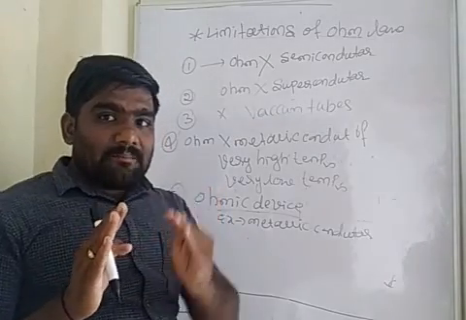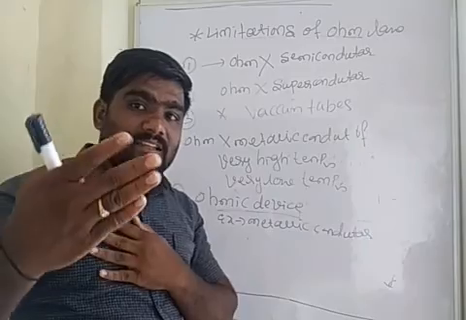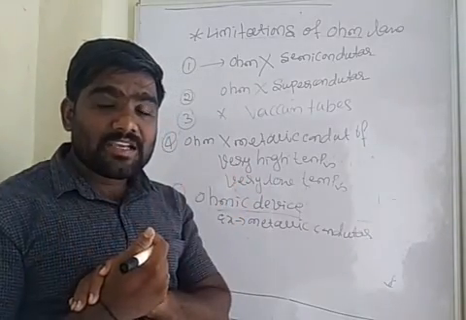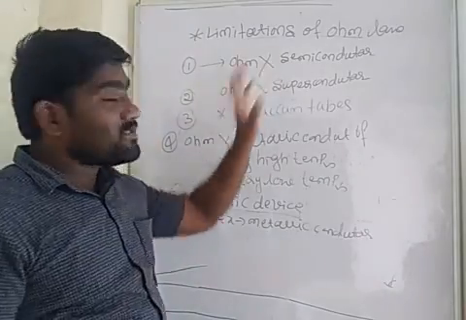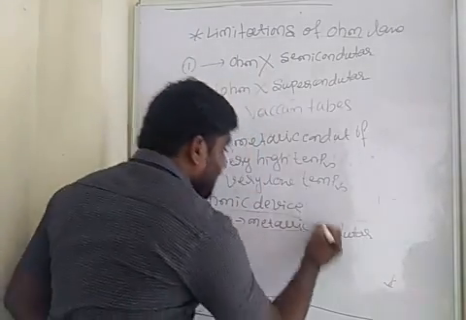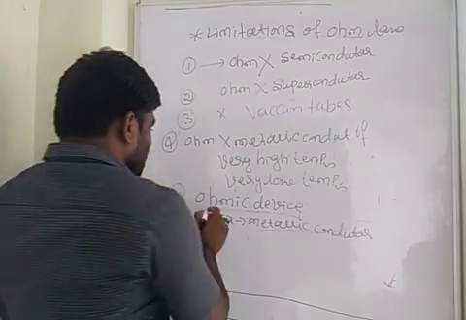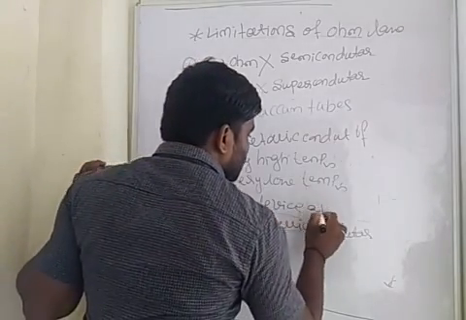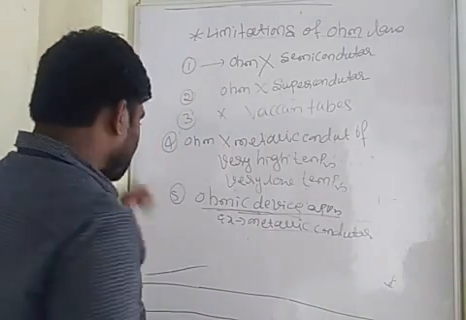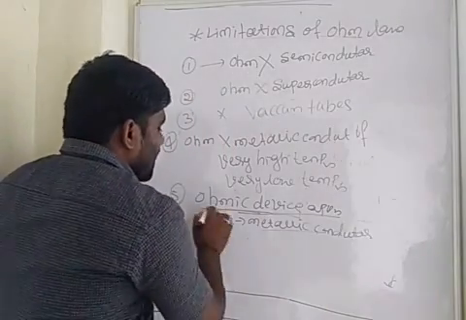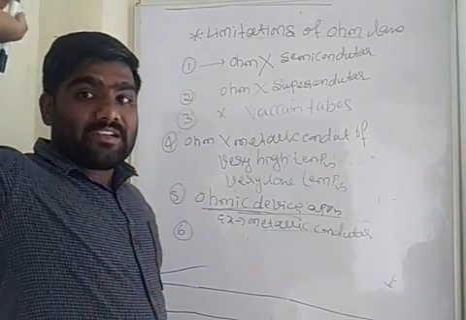As the temperature becomes high, it may not be applicable. As the temperature is very low, in this case also Ohm's law may not be applicable to the metallic conductor. So it is applicable only to ohmic devices, and may not be applicable to non-ohmic devices.